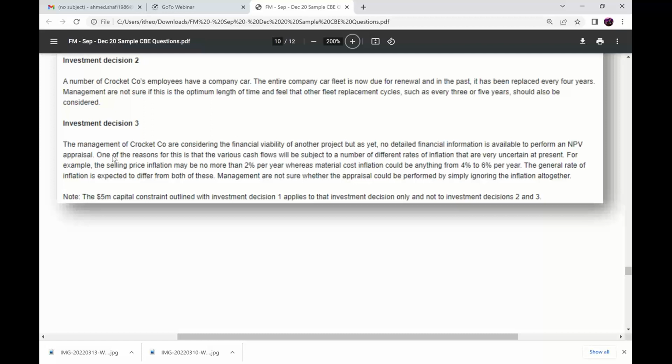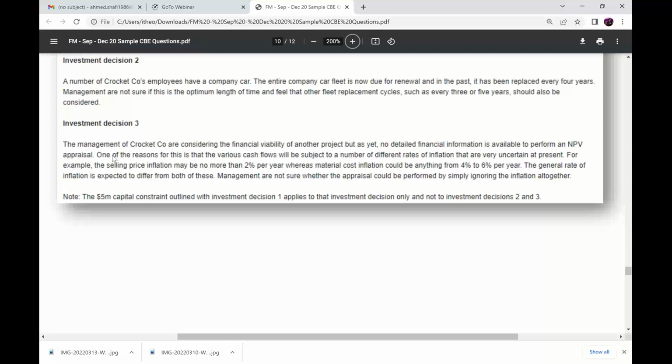One of the reasons for this is that the various cash flows will be subject to a number of different rates of inflation that are very uncertain at present. For example, the selling price inflation may be no more than 2% per year, whereas material cost could be 4 to 6%. The general rate of inflation is expected to differ from both of these. Management are not sure whether appraisal could be performed by simply ignoring the inflation altogether.